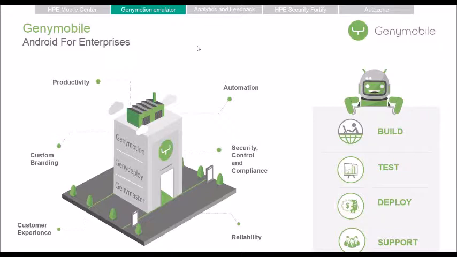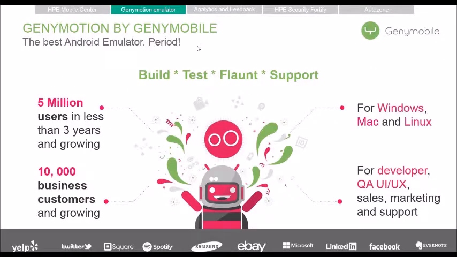So what's Genymotion? Genymotion by Genymobile is the best Android emulator, and we don't just say it: 5 million users say it on a daily basis. Why do we say that? As I mentioned, it's for developers, for QA, for UI/UX, and on top of that, for unsung heroes like sales, marketing, and support.